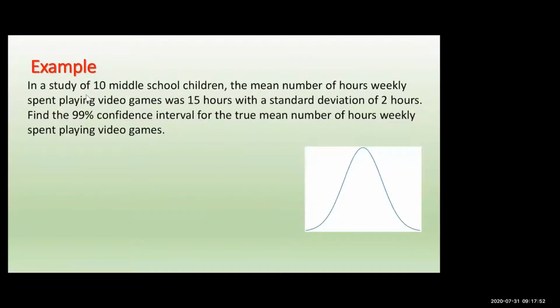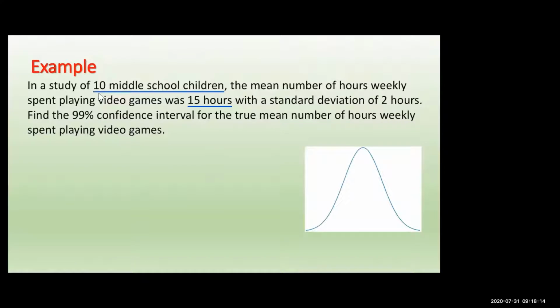Example: in a study of 10 middle school children, so the information given here is n equal to 10. In a study of 10 middle school children, that's your sample size, the mean number of hours weekly spent playing video games was 15 hours.